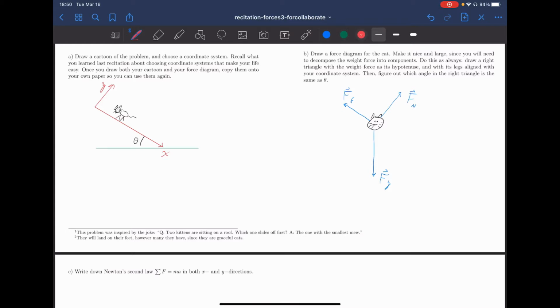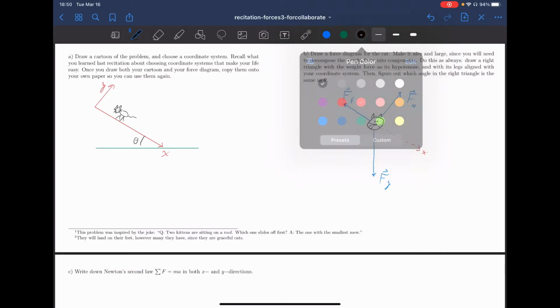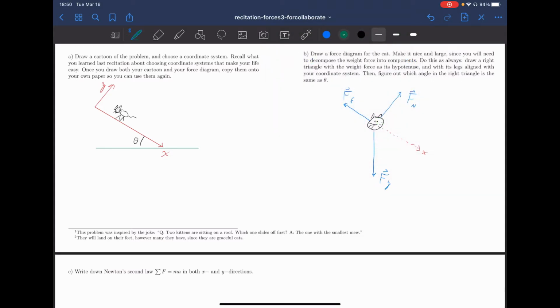Let's write out a little arrow for our x-axis, and then we can go back to the force of gravity. It's going to have some component that points positively along the x-axis, and that's going to pull the cat down, and that makes sense. And then we're going to have a component along the y-axis, which is going to look like this.